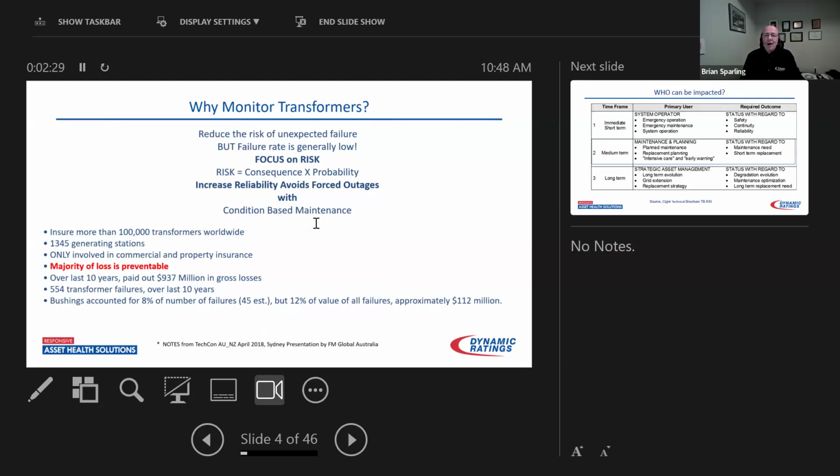So why monitor? Some of these notes come from a presentation I attended some years ago with TechCon Australia, Sydney, a contribution by FM Global in Australia. The reasons can be as simple as reducing the risk of unexpected failures. That's number one, even though the failure rate is generally low, which I think we can all acknowledge. The overall global failure rate is around 1 to 1.5% per year.